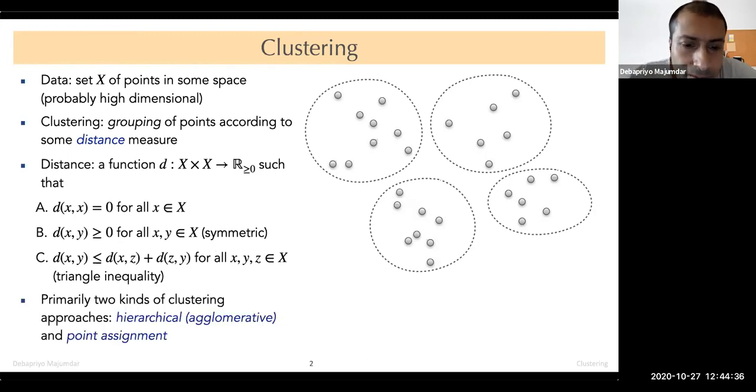So now, as you must have heard already, there are two kinds of clustering approaches at a high level. One is hierarchical or agglomerative. Another is point assignment. The k-means kind of algorithms fall into the point assignment category, and hierarchical has a lot of variants, and basically we'll spend the class today discussing those.